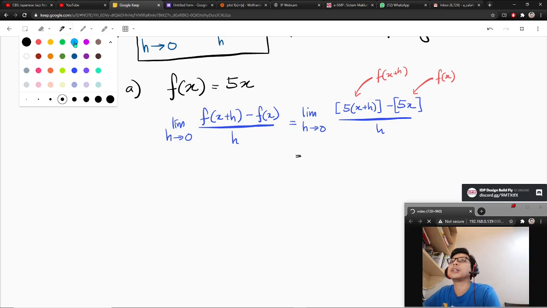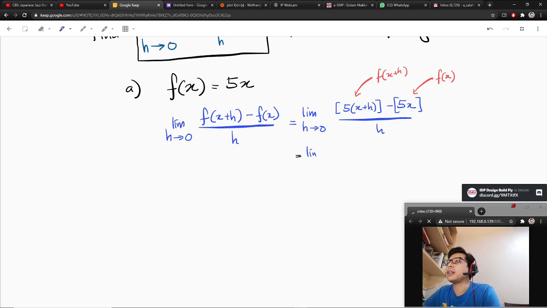So we write this down: limit as h approaches 0 of 5(x + h), so that means 5x plus 5h, minus 5x, divided by h.